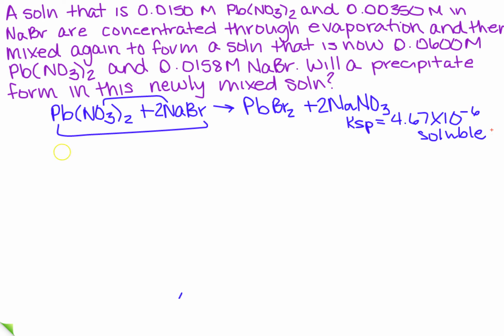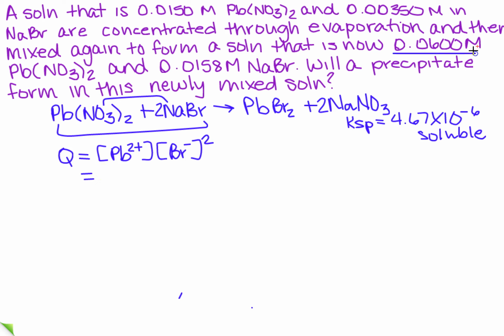So let's do that. Q is going to equal the concentration of the ions. So I've got Pb2+ times the Br-, and there are 2 of them, so I have to square that. What is the concentration of the lead after mixing?